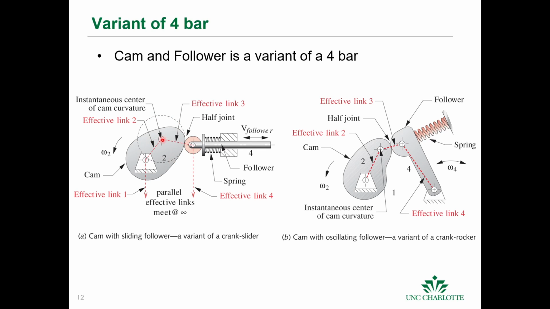Then you can take the center of the circle, and you can imagine a link from the center of the circle to the center of the cam to infinity, and then to the center of rotation of the cam, and then off to infinity. And this is sort of like a parallel link for this entire mechanism.